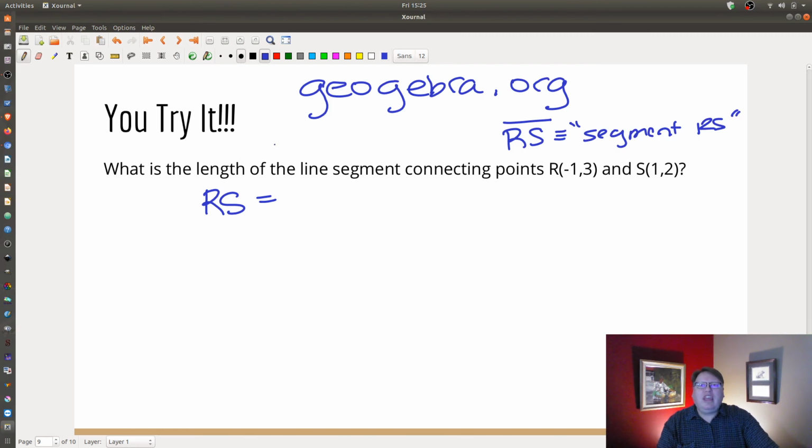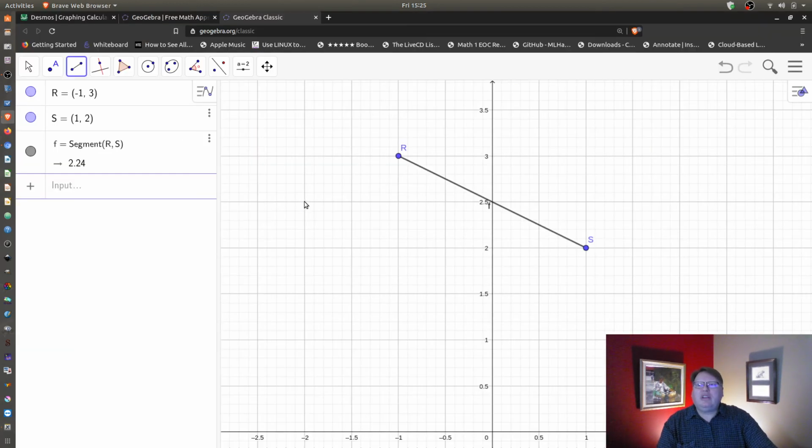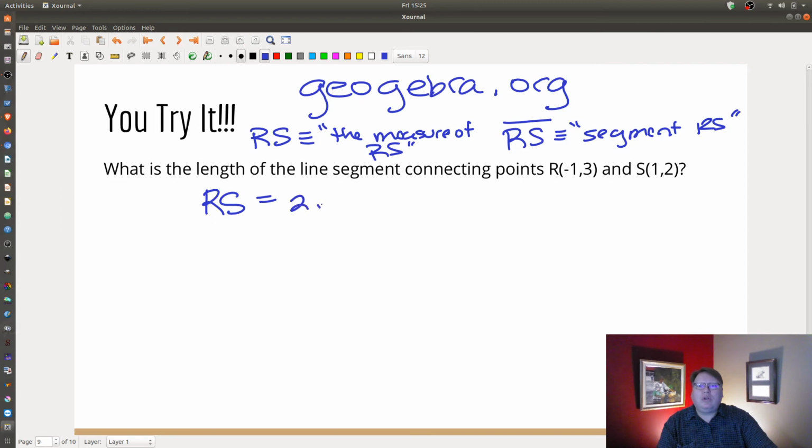If I have just RS with no line over the top, that is read the measure of RS. So here I'm saying the measure of RS is equal to 2.24. It's giving me the decimal value of that, and that's okay.